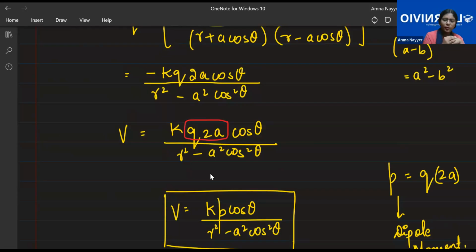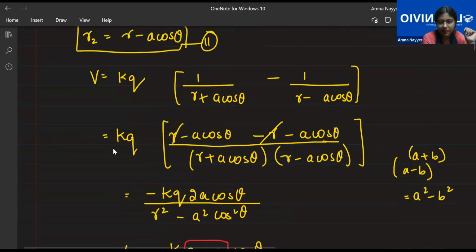You will yourself see in the questions that a negative charge is there. You will yourself put it as minus. But see, when we are talking about dipole, it has the magnitude. We have not done this. That's why you might be getting confused. Here you take the magnitude of the charge. So that's why we are taking the magnitude of this, which makes this positive. You reverse it. You will get the same derivation with the positive sign.